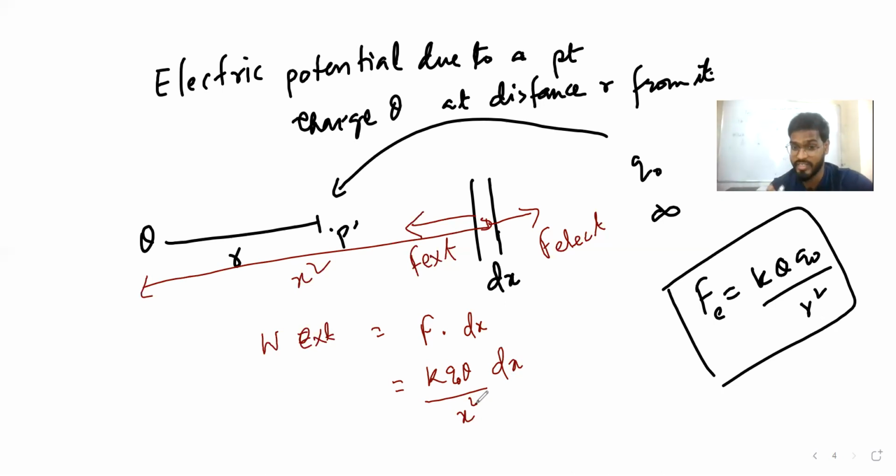Now force is acting in this direction, displacement is in the opposite direction, so the angle is 180 degrees. So we can say cos of 180. Integration from infinity to point P, P is R. Finish. Now we can say, till here, hope you guys understood.